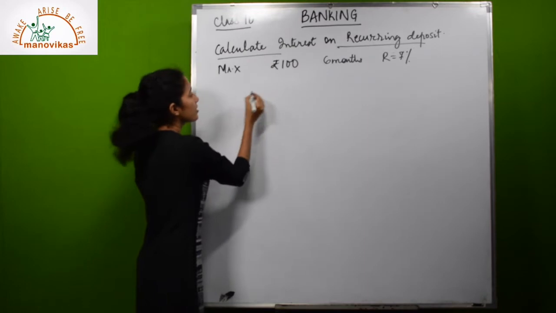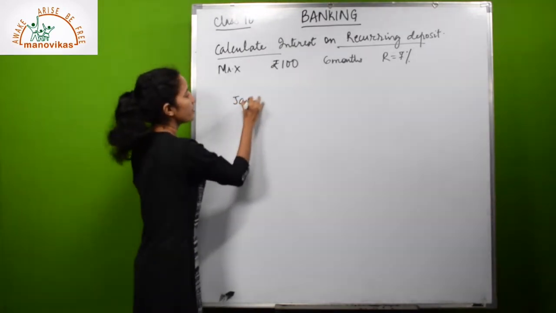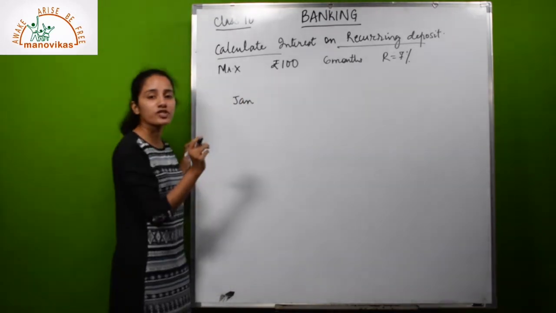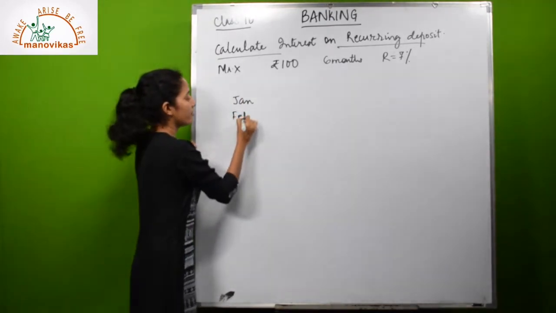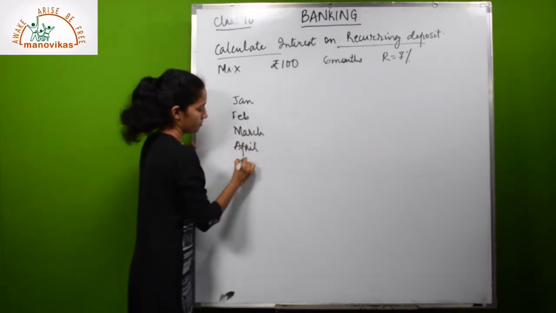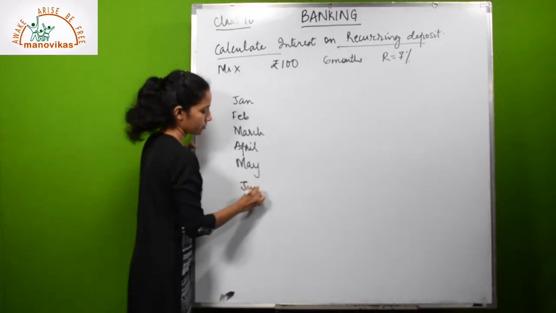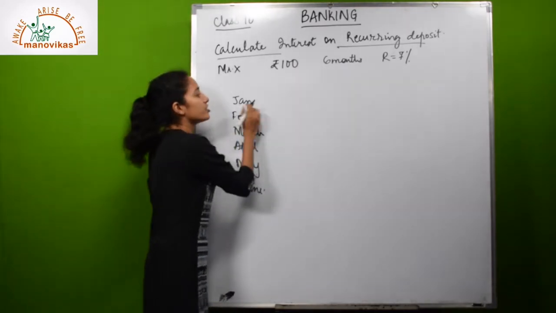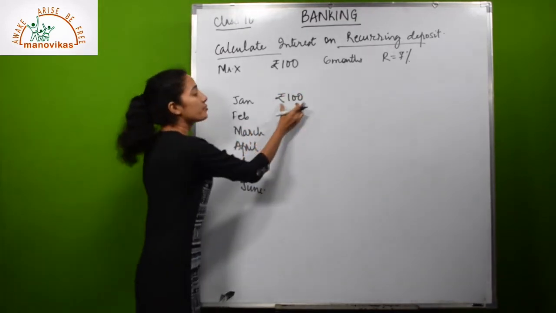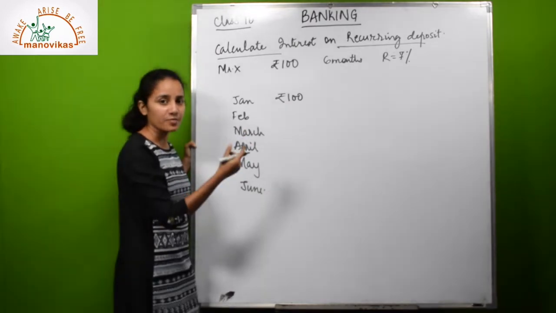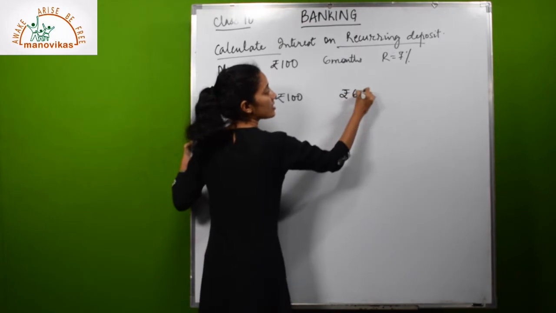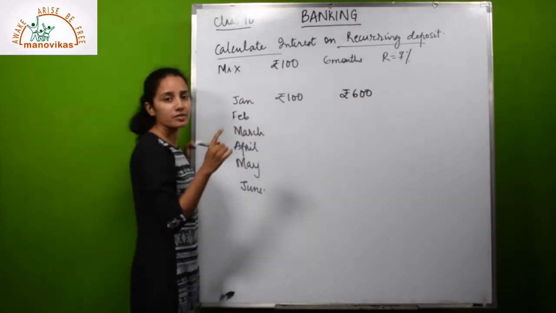So say you have 6 months. Suppose he has opened an account in the month of January. It will be January, February, March, April, May and June. So in the month of January, he deposits rupees 100 in the bank. Now this rupees 100 remains with the bank for 6 months. So the principal may be taken as rupees 600 for 1 month.